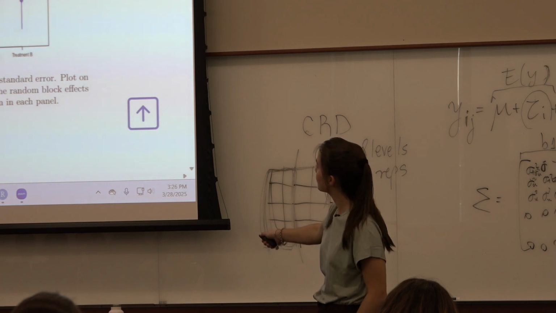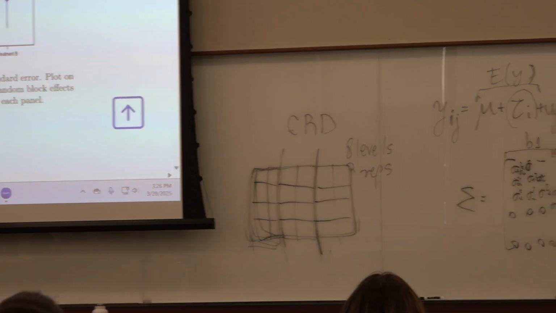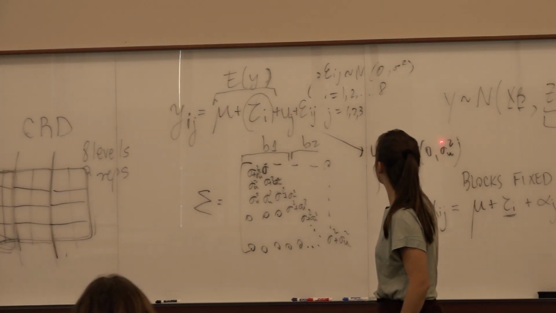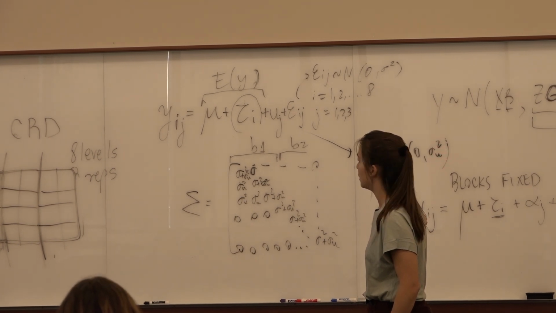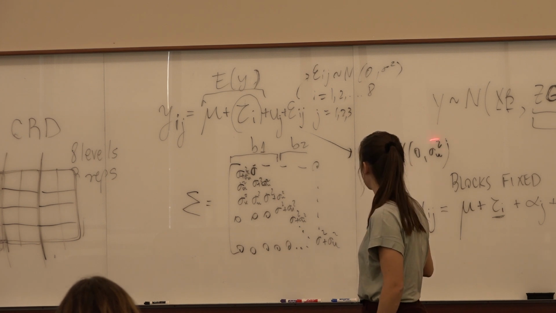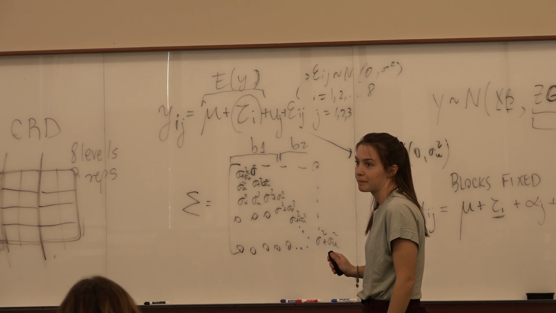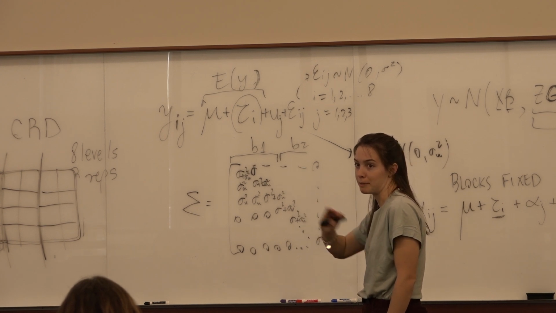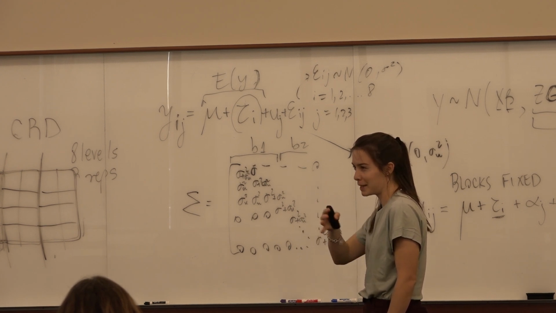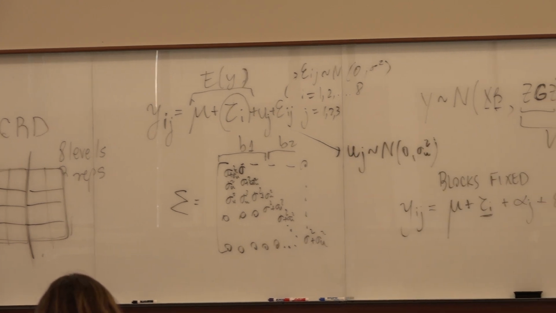And that's because here we're showing the standard error of the mean that considers the variance of the error and the variance of the blocks. But when we do mean comparisons, we don't use the variance of the blocks. So this makes sense, but you have to know where this all comes from. Does that make sense?